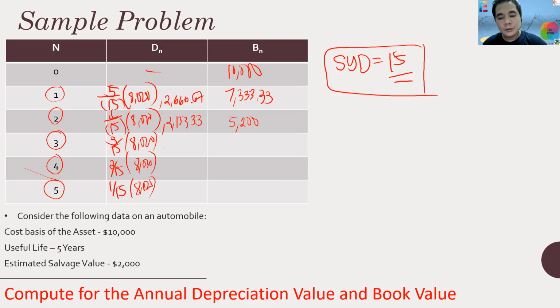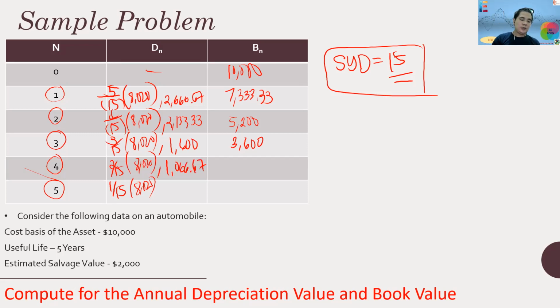That is 1,600. So 5,200 minus 1,600, your book value at the end of the third year is 3,600. So 2 divided by 15 times 8,000, your depreciable value is 1,066.67.